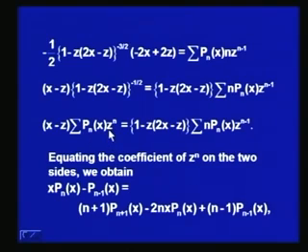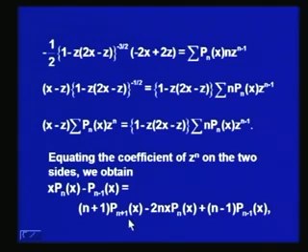So, on the left hand side the coefficient of z to the power n will be x into Pn(x). And then on the right side, when we take the coefficient of z to the power n, we will have n Pn(x) z minus 2x into n Pn(x), and here the coefficient of z to the power n will be (n plus 1) into Pn plus 1, because when you multiply this by 1 you get the coefficient of z to the power n as (n plus 1) into Pn plus 1.